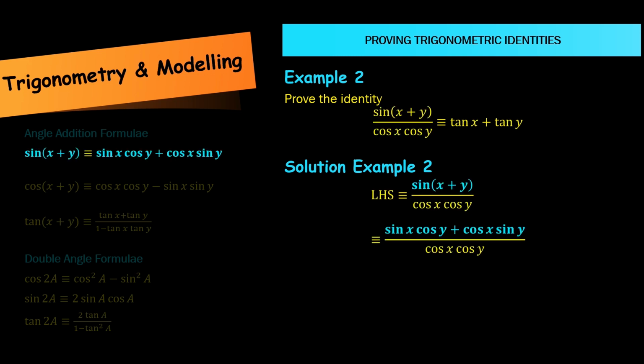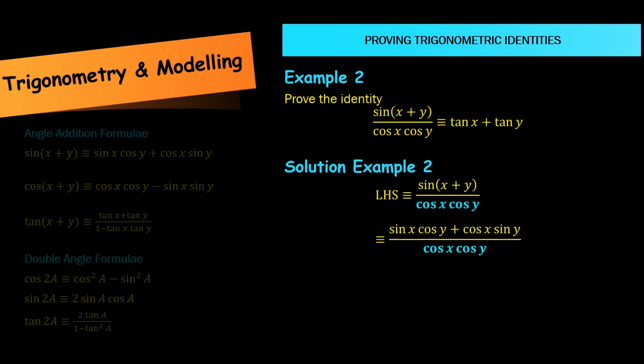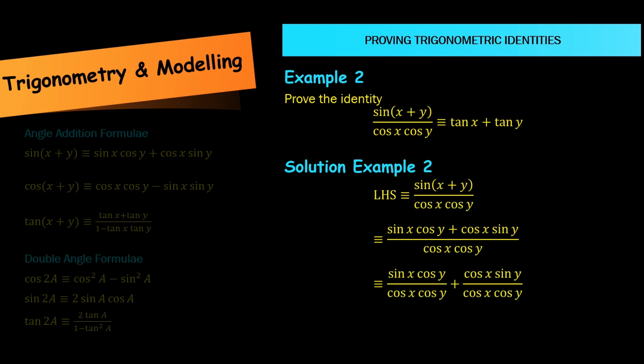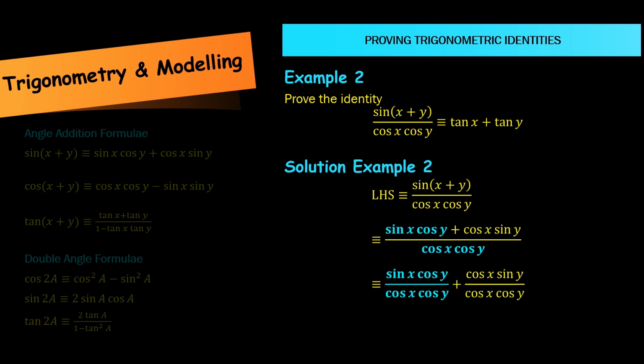Using the angle addition formula for sine gives us that the numerator is equal to sin x cos y plus cos x sin y. And the denominator stays as it is, cos x cos y. We can now split up the fractions as shown.